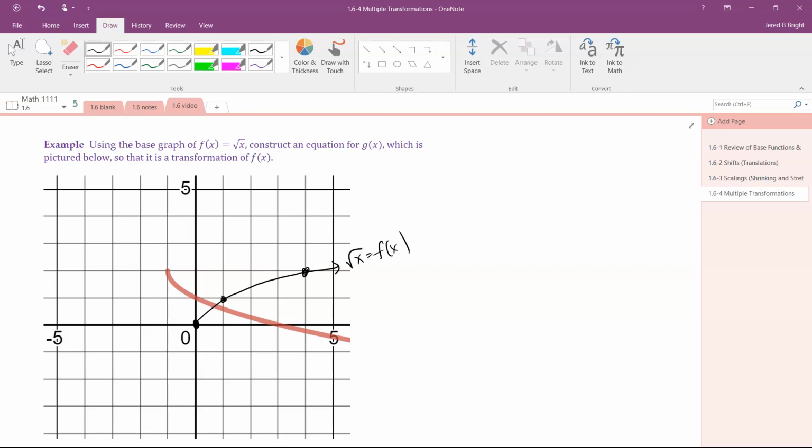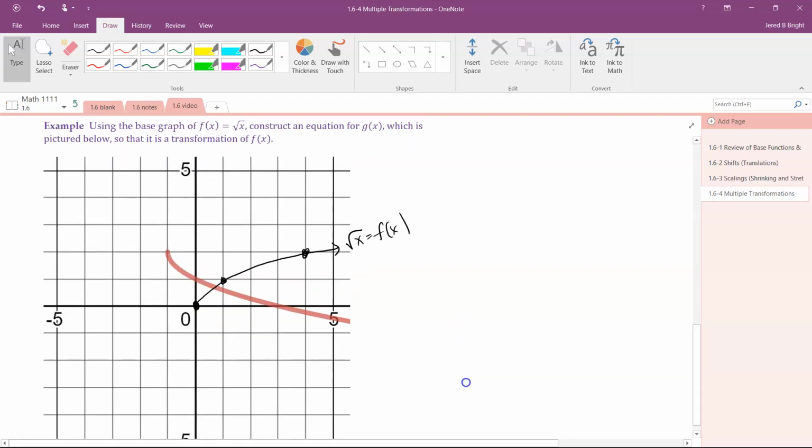Okay, and we need to figure out the equation of this function. Okay, it is a transformation. And what I want you to do is, I'll tell you the number of transformations, but I'm not going to tell you what order they are in or by how much. Okay, so I will tell you that there are a total of 3 transformations.